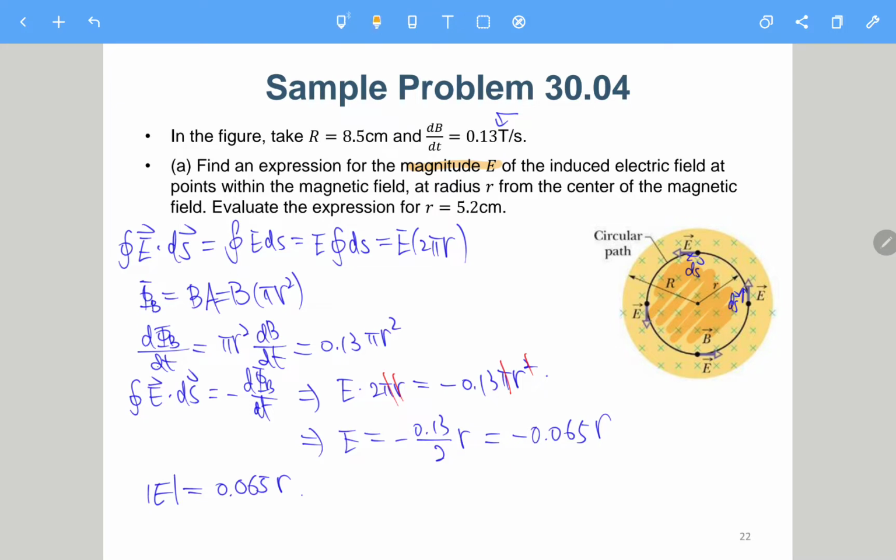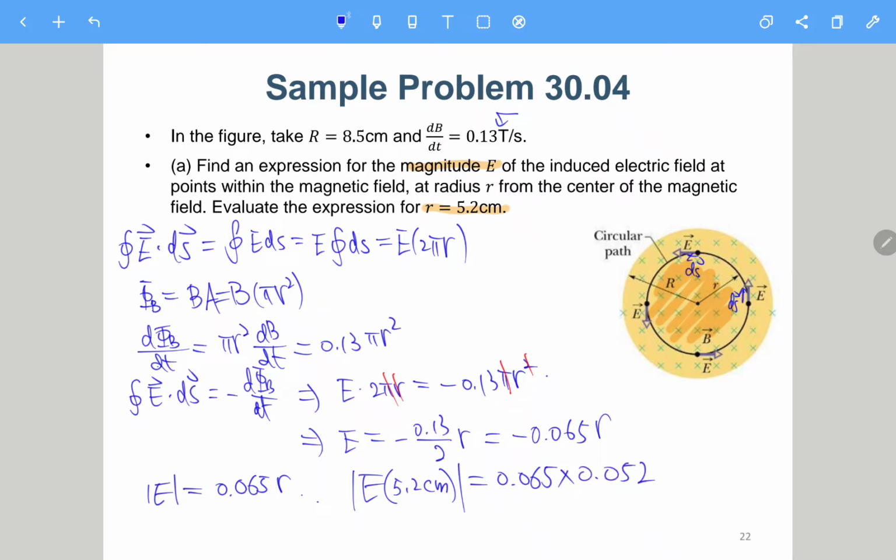And here we want to know the induced E field generated by this changing magnetic field at r equals 5.2 centimeters. So actually we can just plug in r of 5.2 centimeters, which is 0.065 times 0.052.